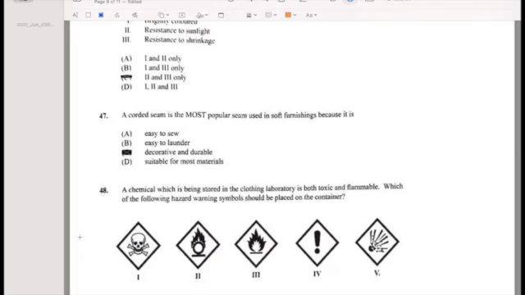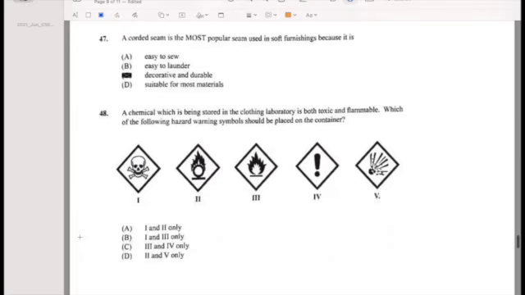Which of the following hazard warning symbols should be placed on the container? They gave us 5 options. All right, so let us see. 48 will be B, 1 and 3.